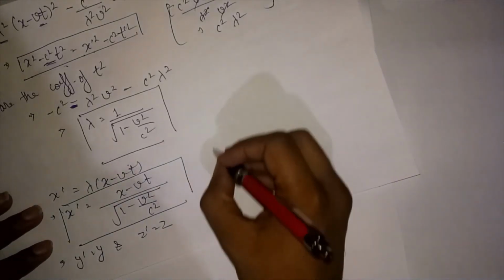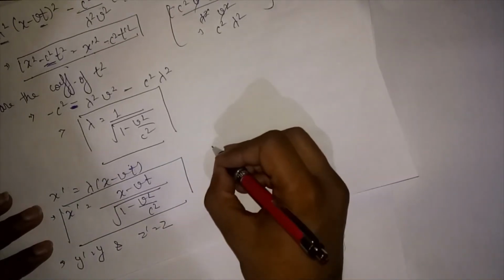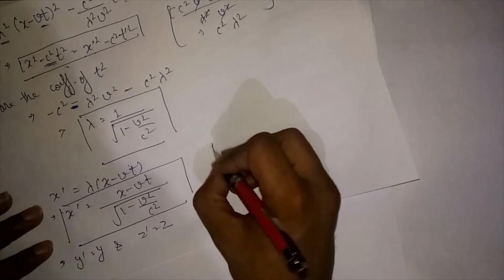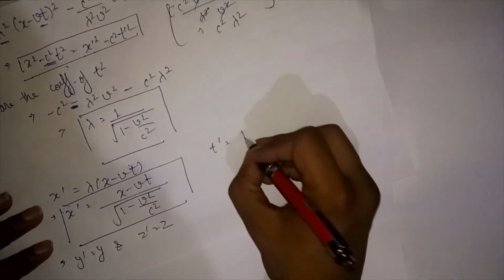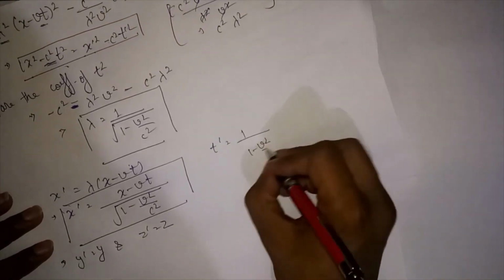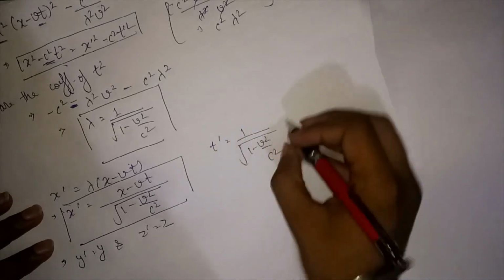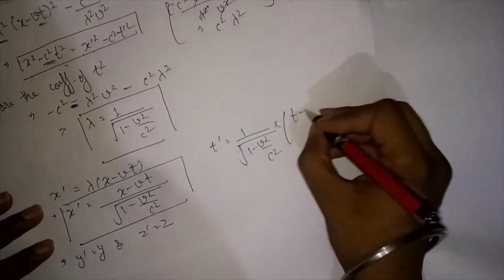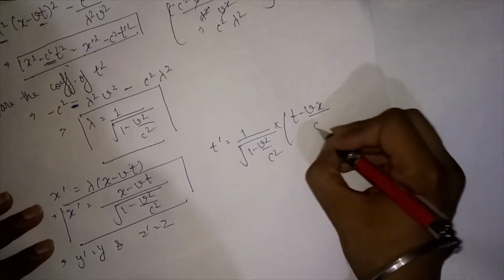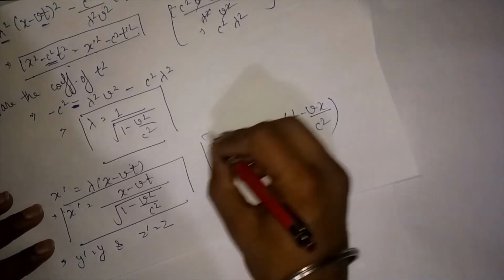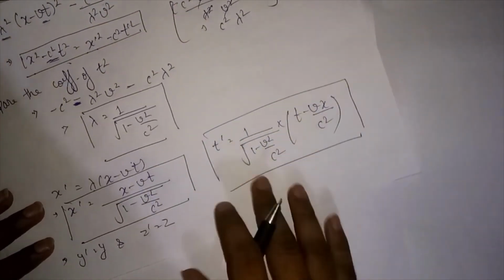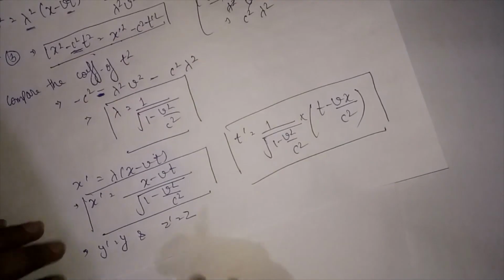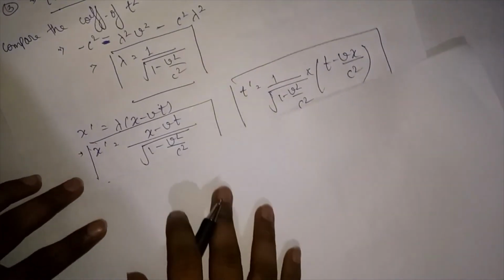And similarly, as we have already found the value of t, t dash equals 1 upon under root of 1 minus v square upon c square into t minus vx upon c square. And for inverse Lorentz transformations, we have to change the sign in these equations.